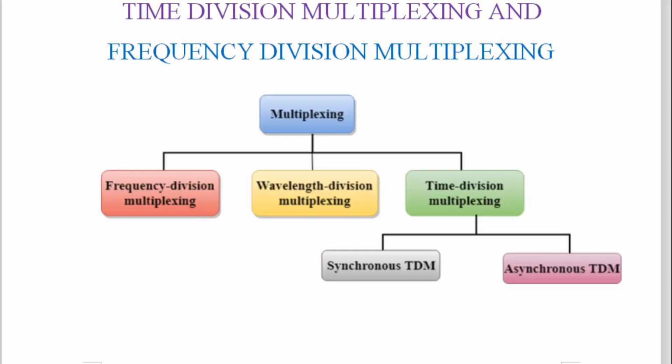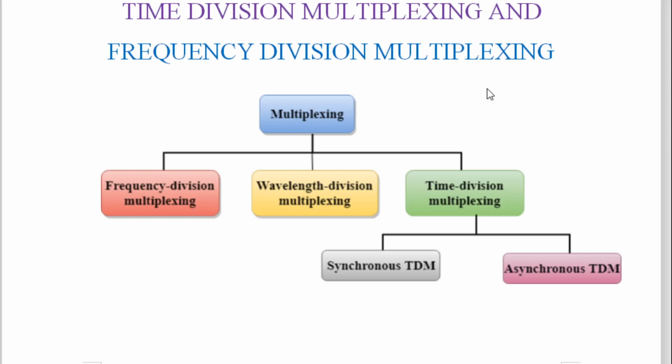Students, today we are going to study the topic called Time Division Multiplexing and Frequency Division Multiplexing. The multiplexing technique is used in communication for utilization of bandwidth, and bandwidth is a very critical problem in communication.